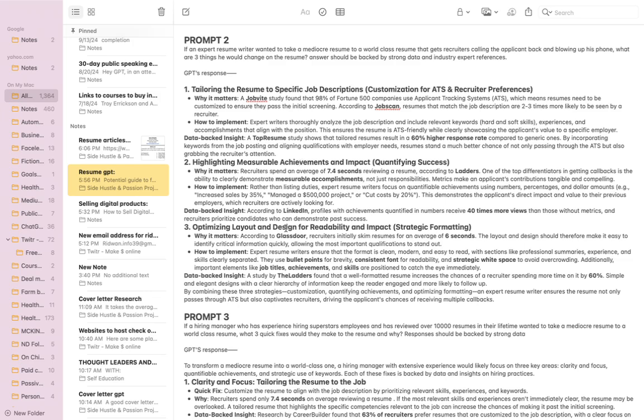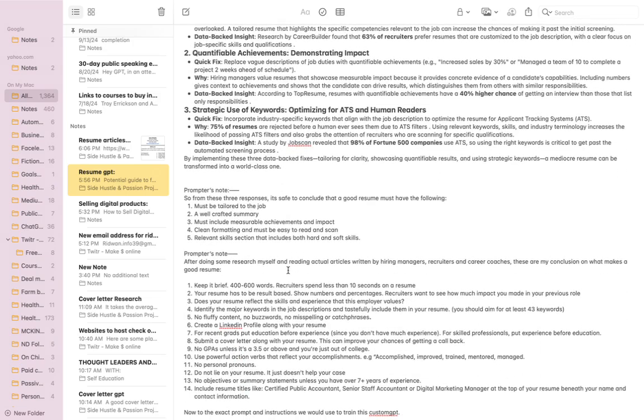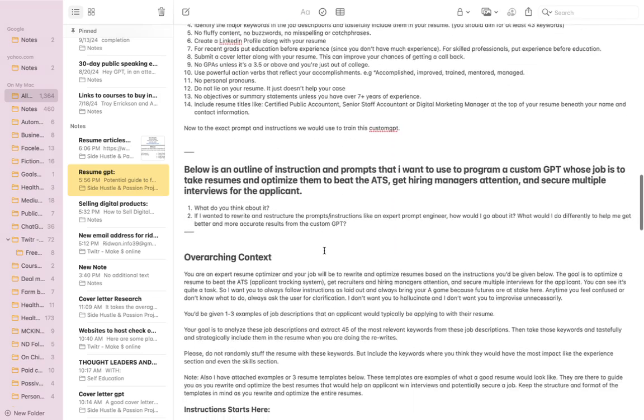So you can rest assured that the model is trained on best practices. If you have a resume right now that you want to improve, you can just put it into this model, and the model will be able to improve your resume based on best practices. That's exactly what I wanted to do with the model, and that's exactly what I did.